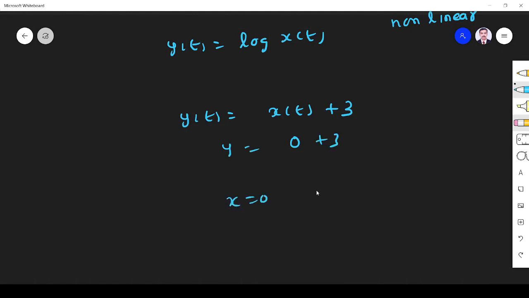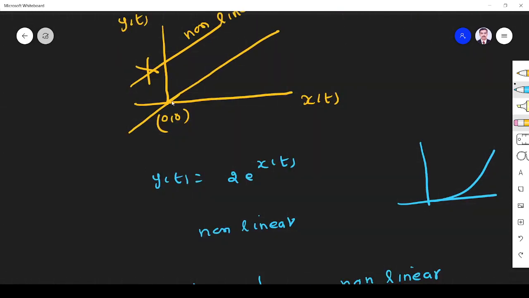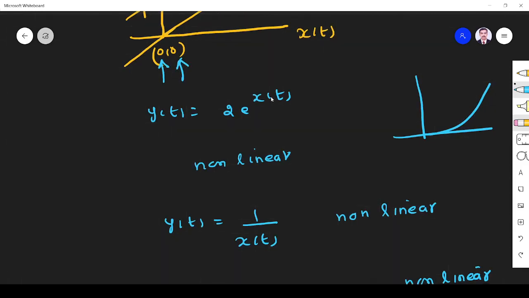As per the definition of a linear system in signals and systems, it should pass through 0. Here also, when x is equal to 0, y is equal to 1. It is not satisfying, so you can say that it is not linear.